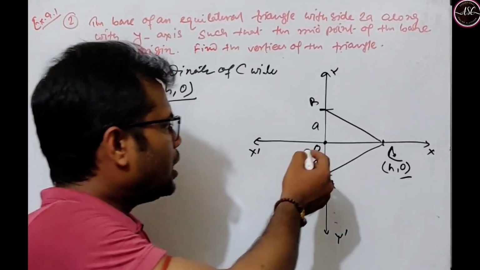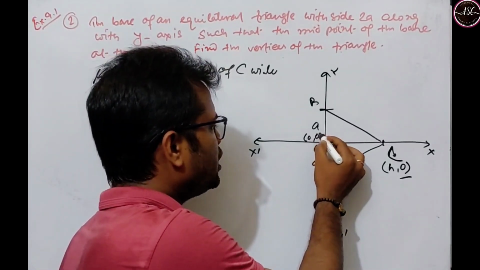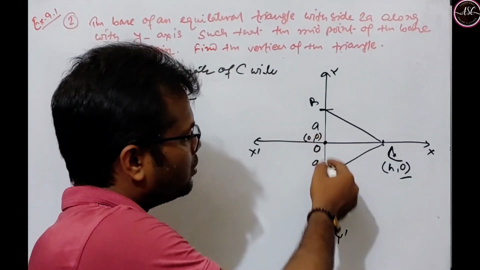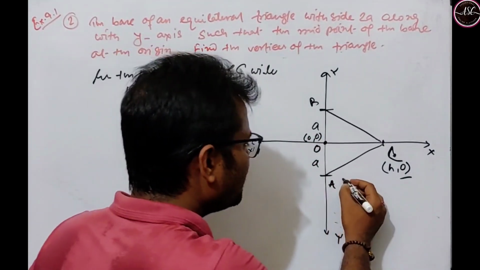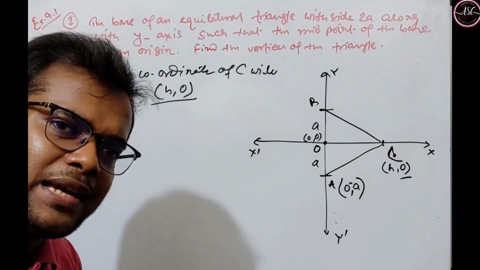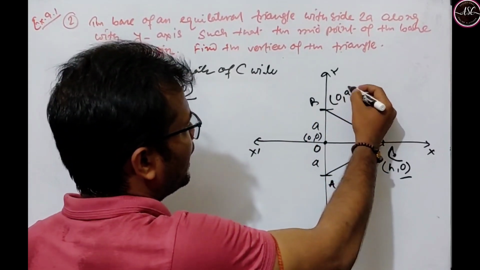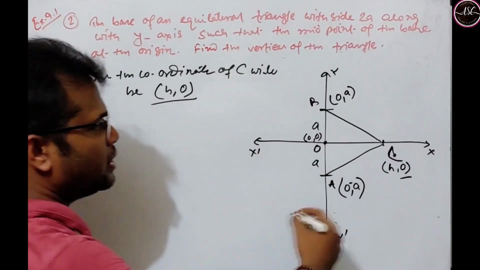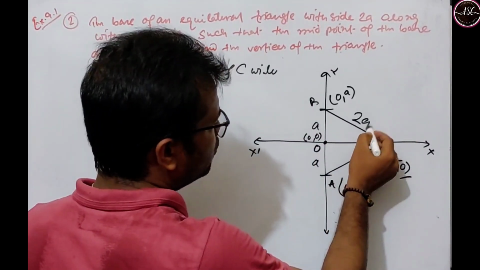Just look, the coordinate of origin is 0 0, okay, the distance of OA is a, so the coordinate of A will be x equal to 0 and y equal to minus a, 0 comma minus a, as this is downward, and B also 0 comma a as a is positive. So we have got this, as the triangle has 3 equal sides, so this side will be 2a, this side will be also 2a.